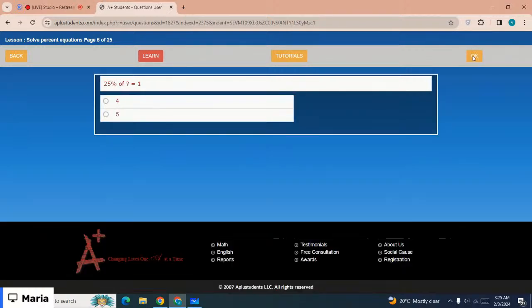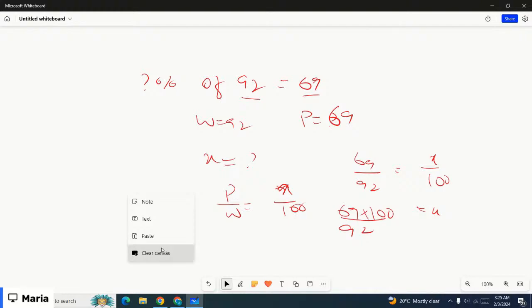Okay, the next one is 25% of dash equals 1. Okay, let's see. We have to calculate the whole number here, right? 25% of what equals 1, right?